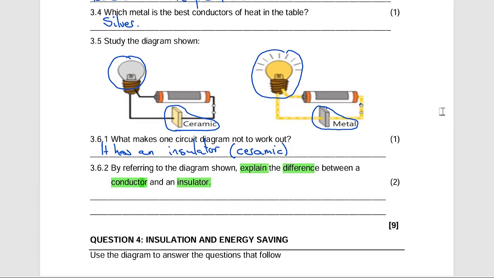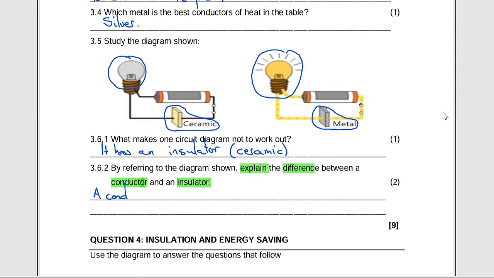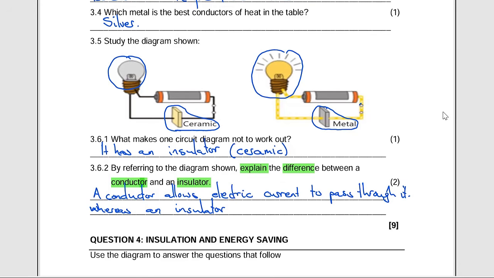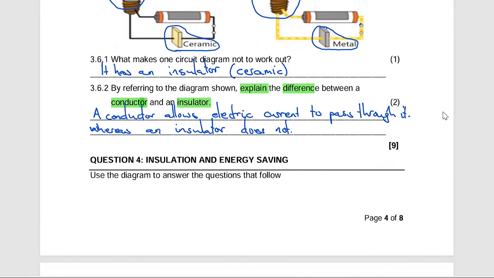I'm going to say a conductor allows electric current to pass through it, whereas an insulator does not. So these are the differences between a conductor and an insulator.